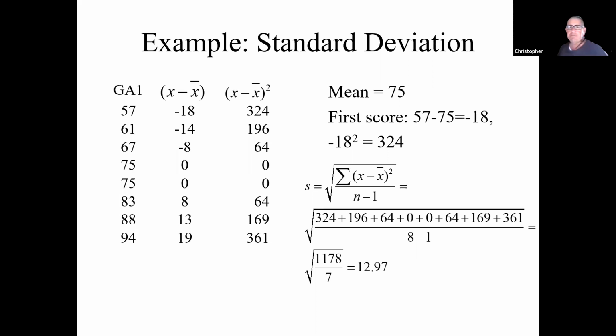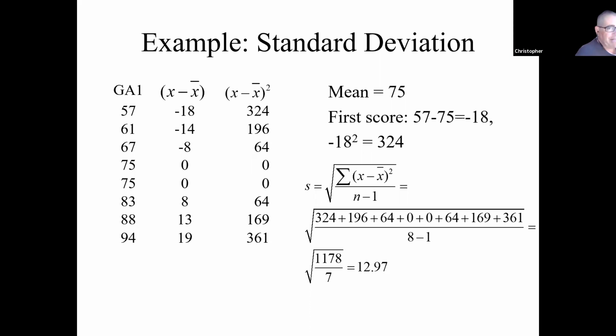All right, so just going column to column, I want to show you how I would normally set something like this up. I have a column for x minus x bar, and then one for x minus x bar squared. Just for that first score, we had the mean of 75 from our central tendency slides. 57 minus 75 gives us negative 18, 61 minus 75 gives us negative 14, and so on down the line.